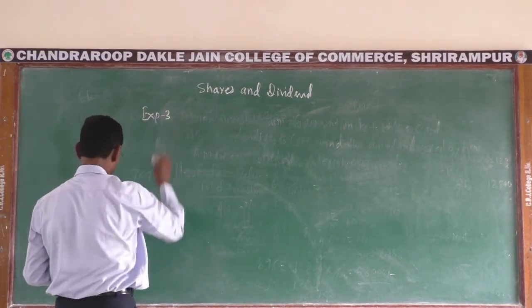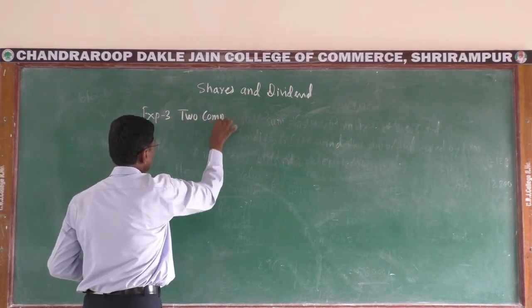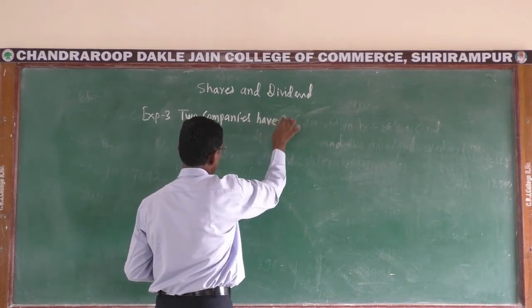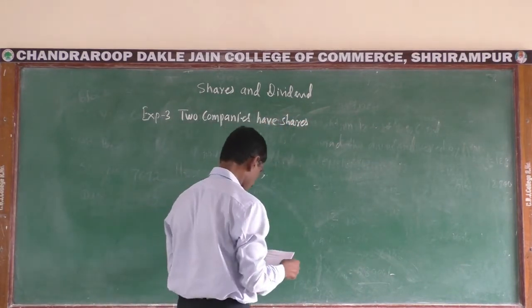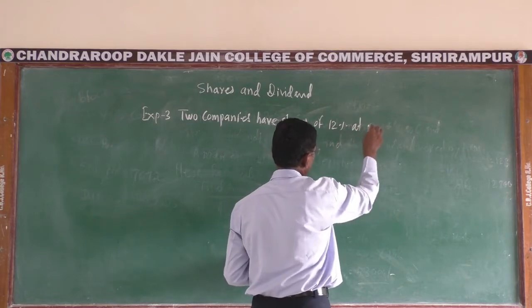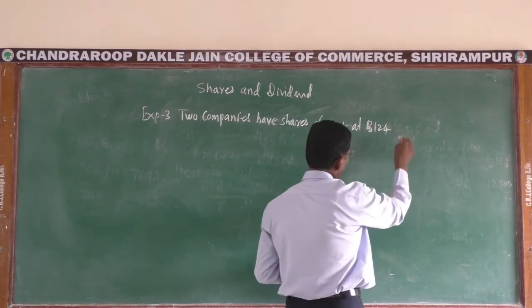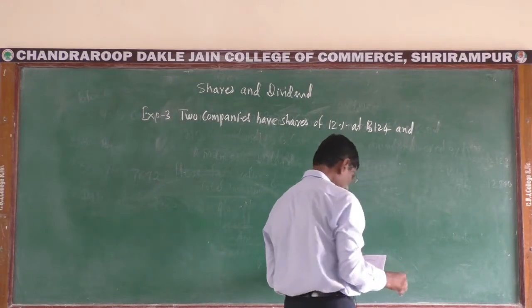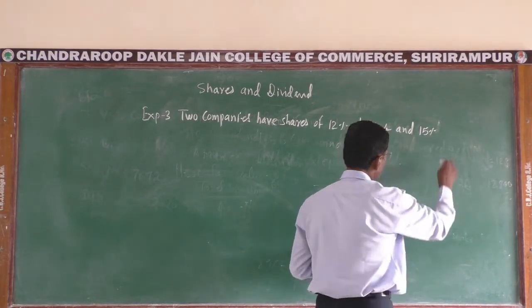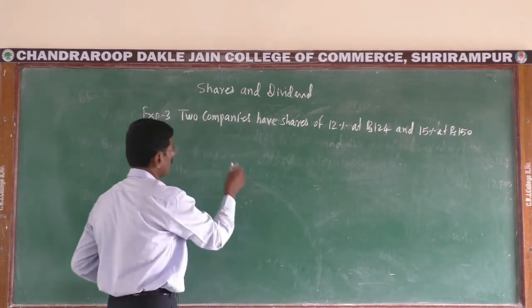Example number 3. Two companies have shares of 12% at rupees 124 and 15% at rupees 150 respectively.